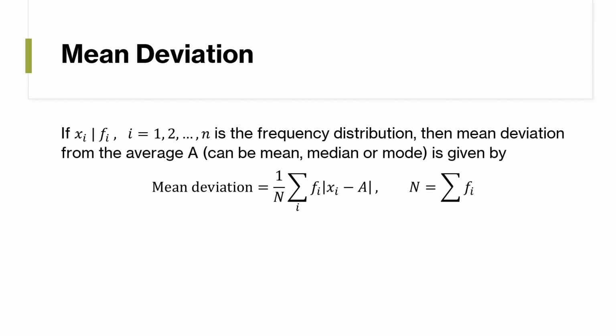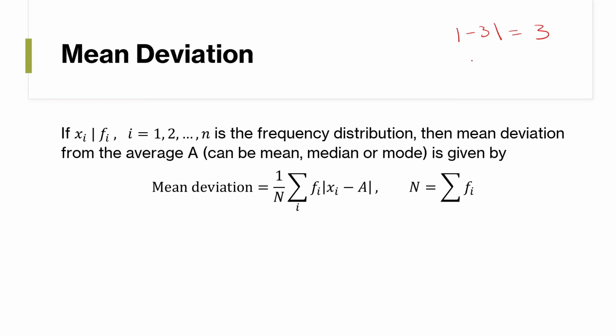To calculate mean deviation, we use this particular formula: 1 by n into summation of frequency into the absolute value of observation minus the mean we are considering. Absolute value, I hope you remember what absolute value is. It's simply that the absolute value of minus 3 will be 3.